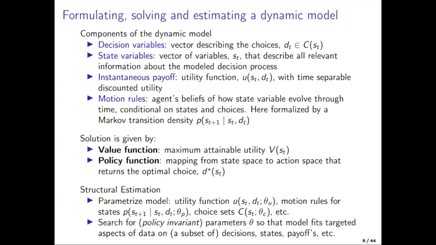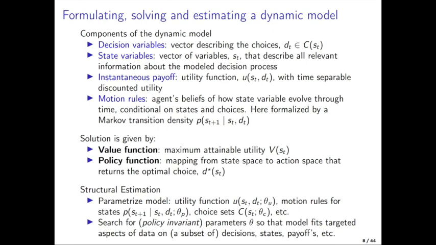So we don't only want to solve the model, we want to estimate the structural parameters, because we don't know where the parameters are. Fortunately, we have data, microdata for instance, and then we can build the likelihood function based on the model that we maximize in order to make the predictions of the model fit the data.